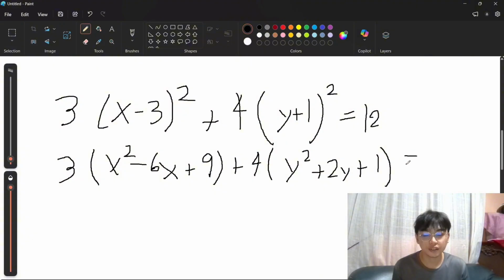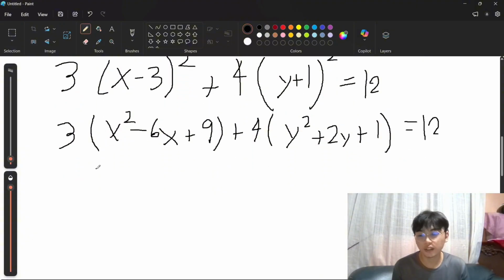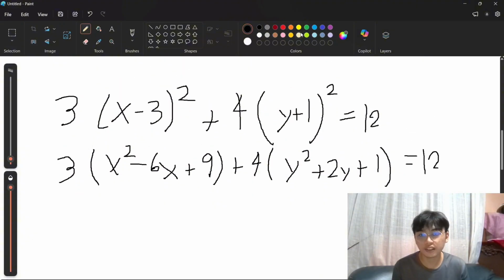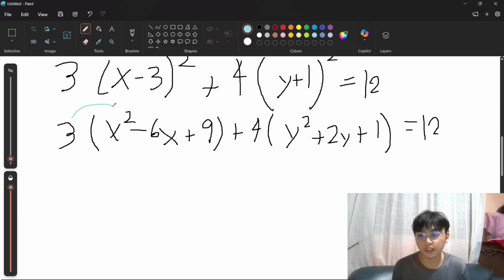is equals to 12. So after that, let's just distribute all of this. So let's distribute 3 here, 3 here, and 3 here, and 4 here, 4 here, and 4 here.